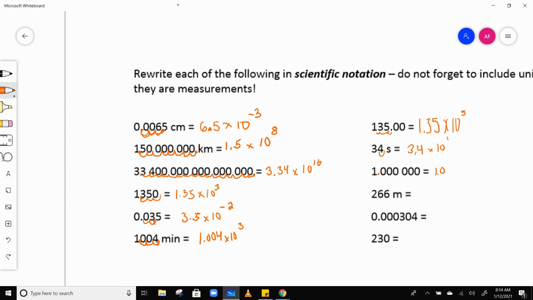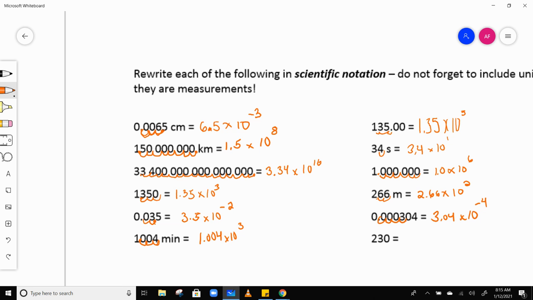This one, 1.0, and then 1, 2, 3, 4, 5, 6. 2.66 times 10 to the 1, 2. 3.04 times 10 to the 1, 2, 3, 4.